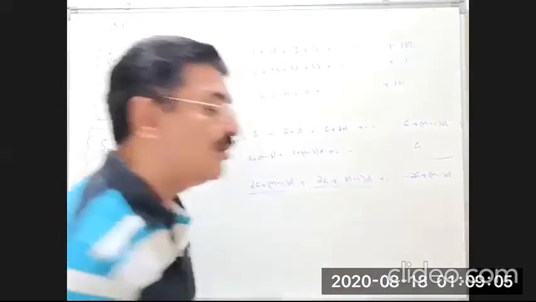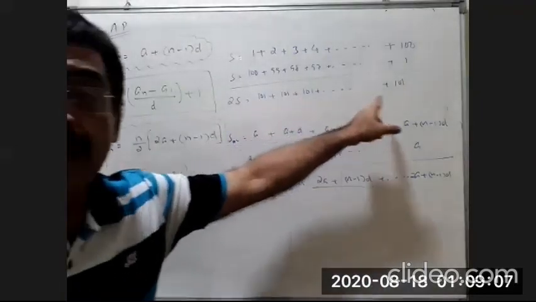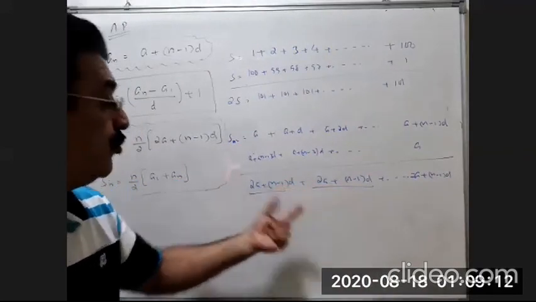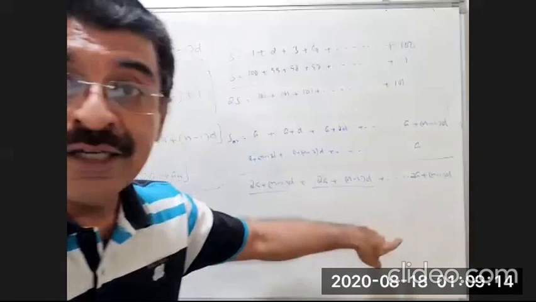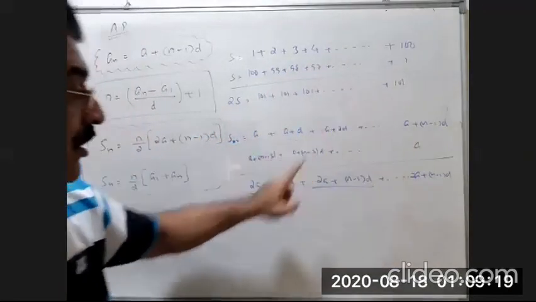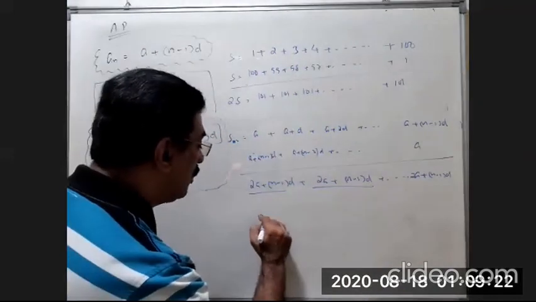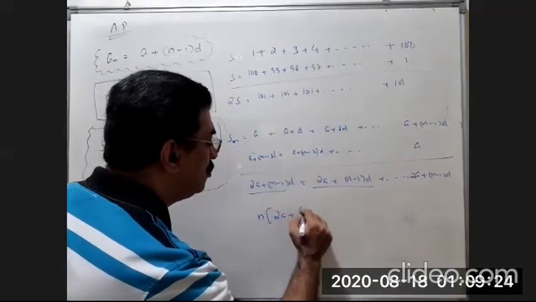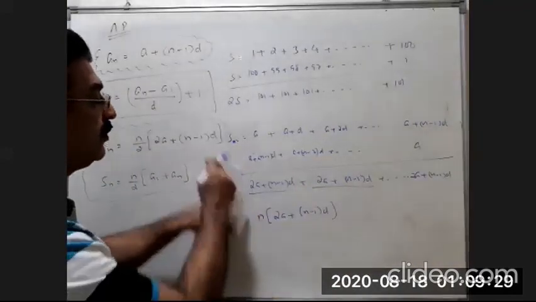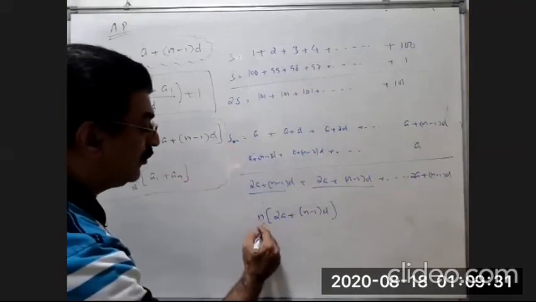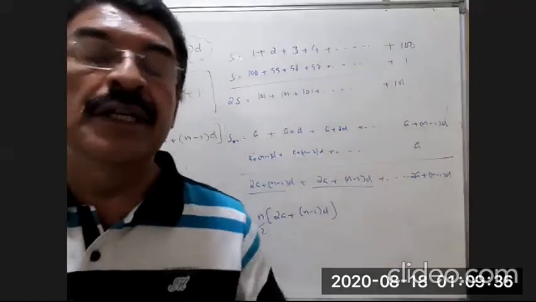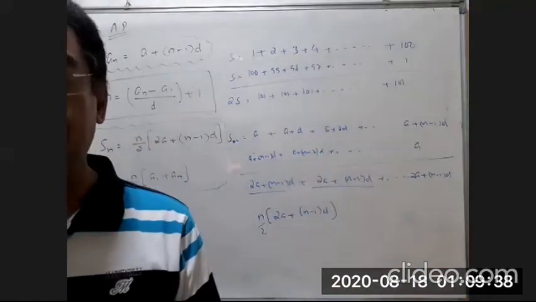Here all terms were 101; here all terms are 2a plus (n minus 1) into d. So how many terms are here? n terms. There, how many terms were there? 100 terms, so he multiplied by 100. Here we have n terms, so n multiplied by (2a plus (n minus 1) d). This is 2 times Sn. So our Sn will be n by 2 into (2a plus (n minus 1) into d). This is how he got that.